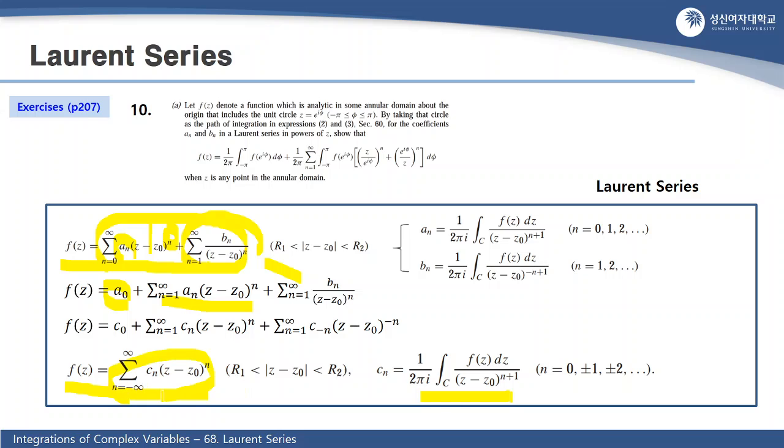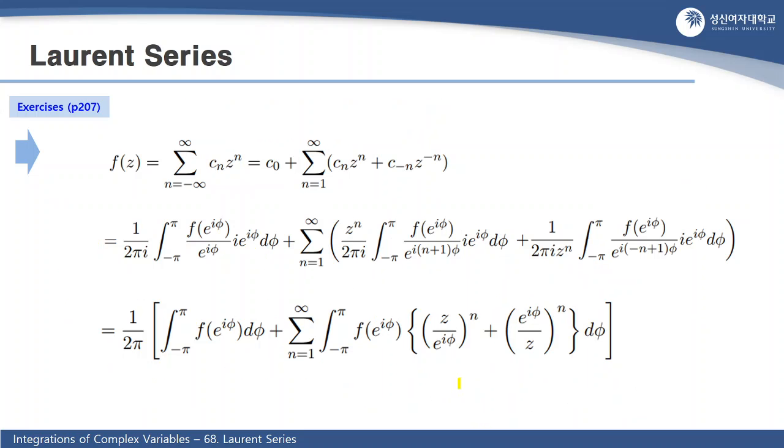This summation can be decomposed into 3 parts: C0 and the positive powers and negative powers here. Here c_n and c negative n are used for each part. So remember this formula. Then f of z can be expressed as a Laurent series, the summation n from negative infinity to infinity of c_n times z to the n.